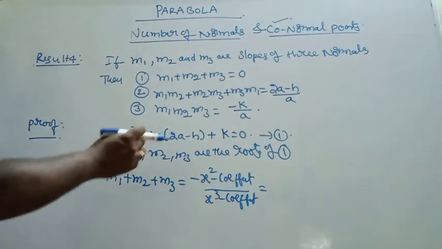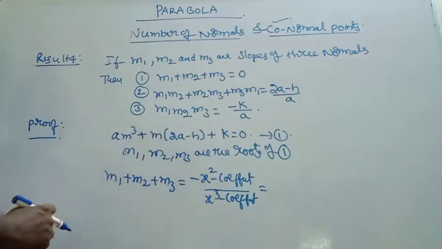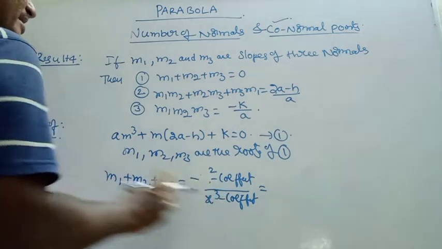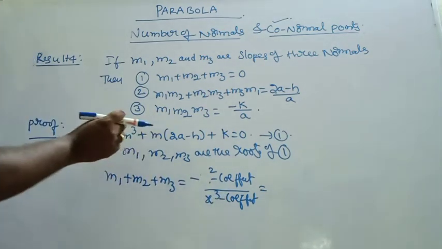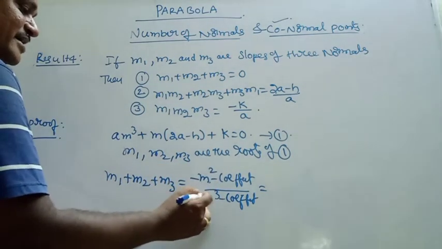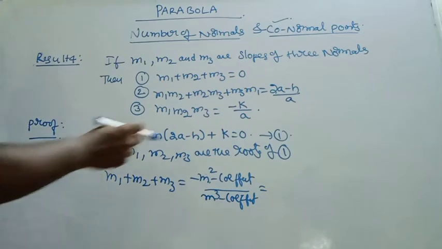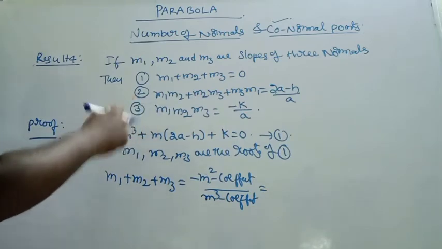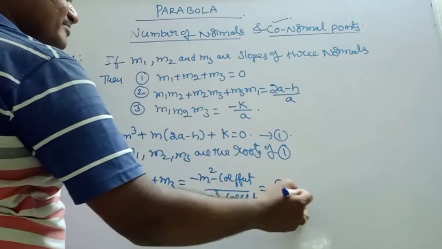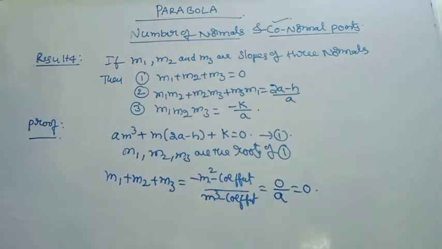Here the equation is in terms of m, that's why it is minus m square coefficient divided by m cube coefficient. Here there is no m square coefficient, that's why it becomes 0. 0 by the m cube coefficient a is 0. That means m1 plus m2 plus m3 equal to 0.